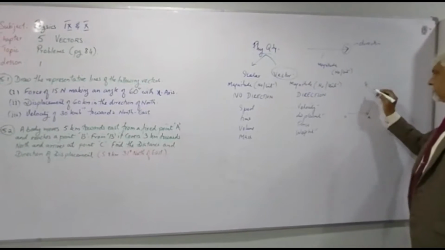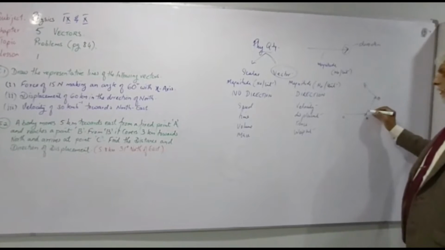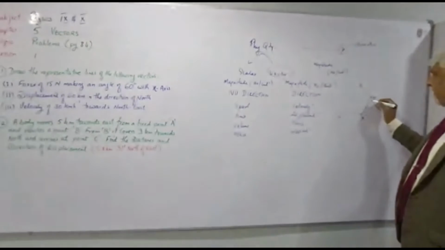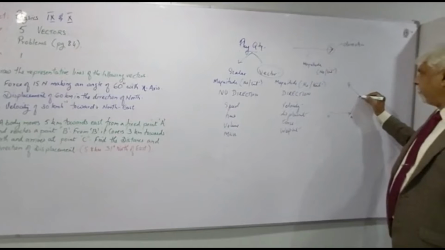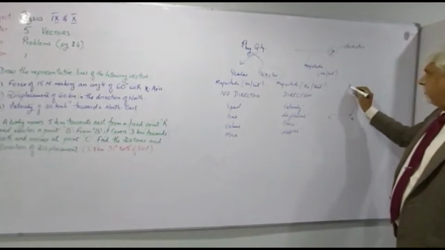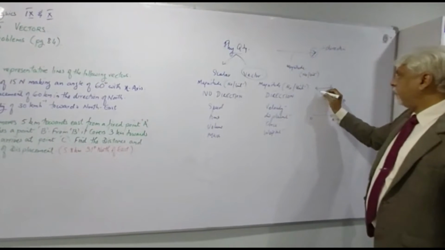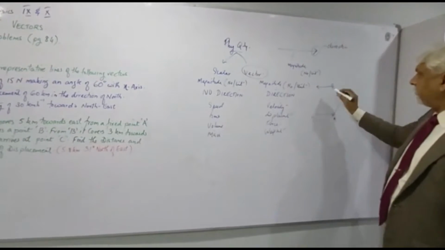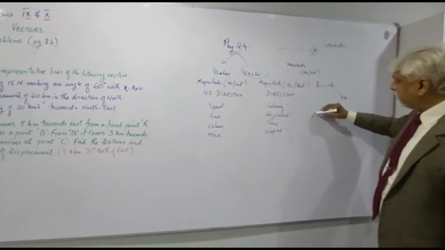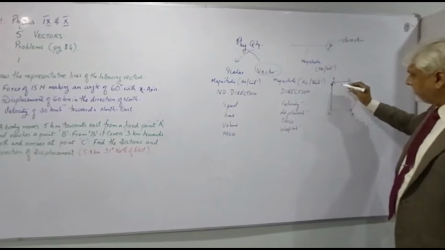The head of the first vector is joined to the tail of the second vector, and the head of the second is joined to the tail of the third. In the same way, the head of the third vector is joined to the tail of the fourth vector, and this vector gives you the resultant, the total.